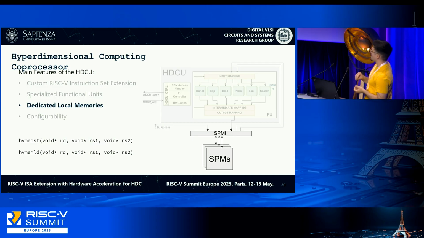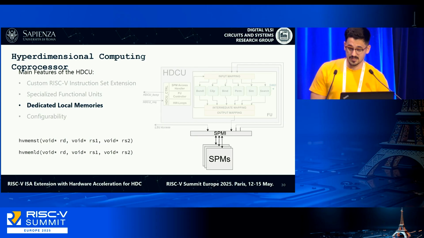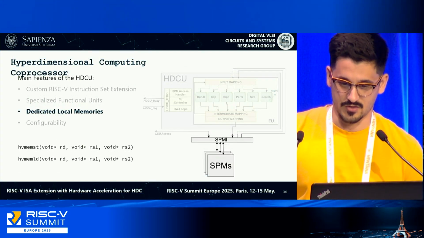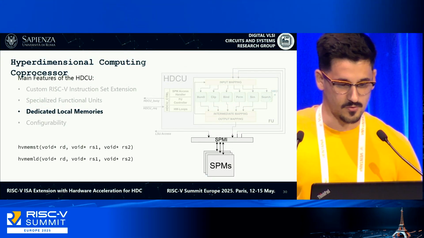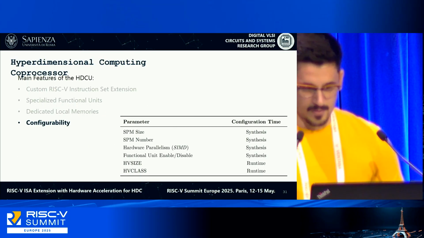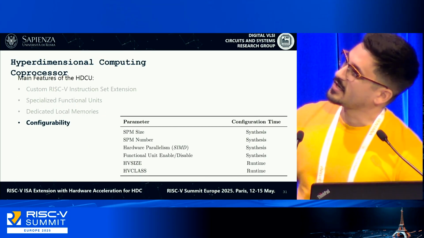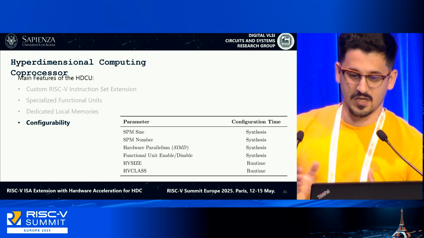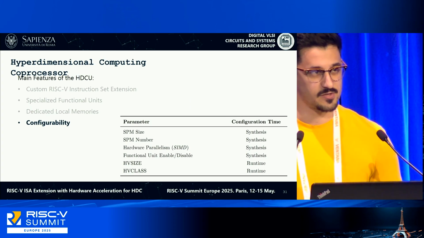The transfers are handled explicitly only when needed through two more dedicated instructions, which are the HVMem store and the HVMem load. The table in the slides summarizes all the key configuration parameters of our accelerator.